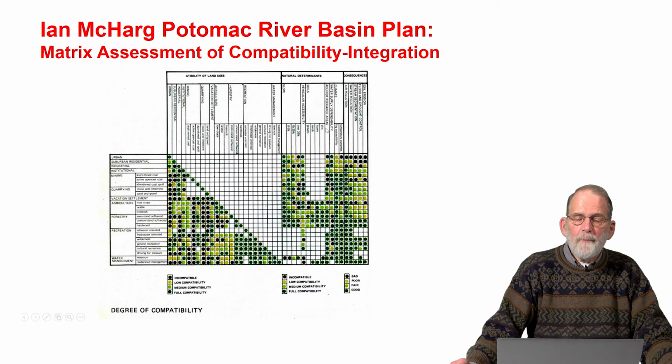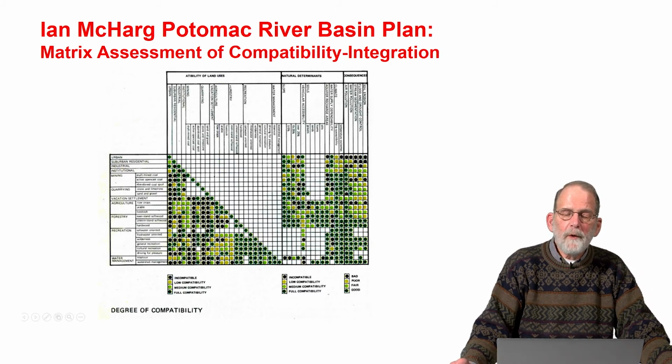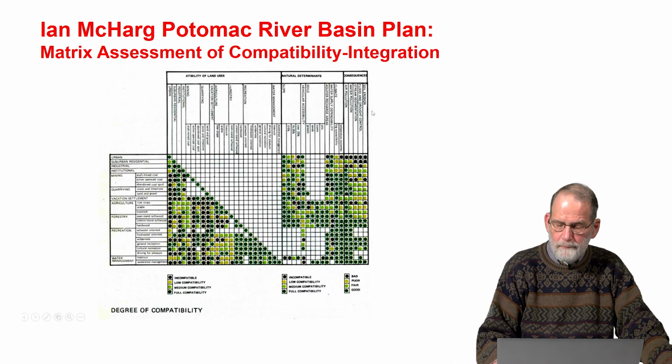So this map is really mapping land uses back and forth across one another, but then also mapping land uses to characteristics of the landscape.